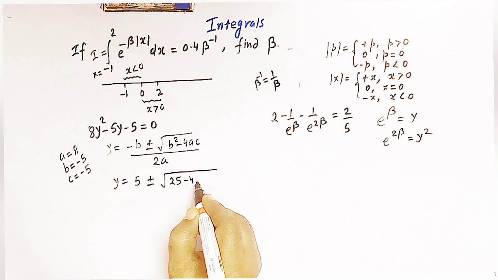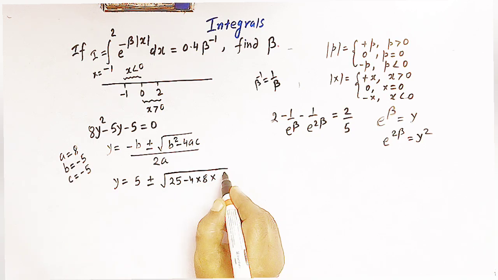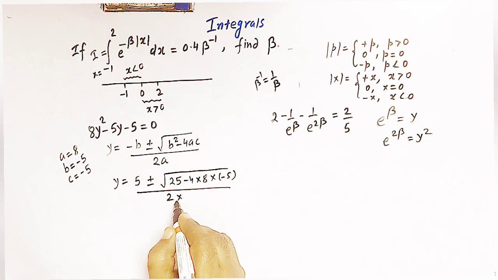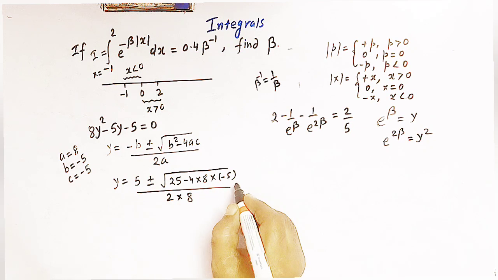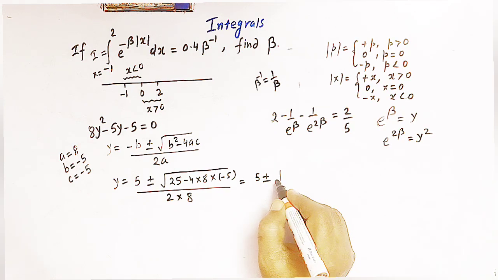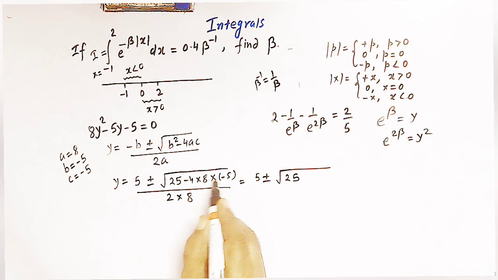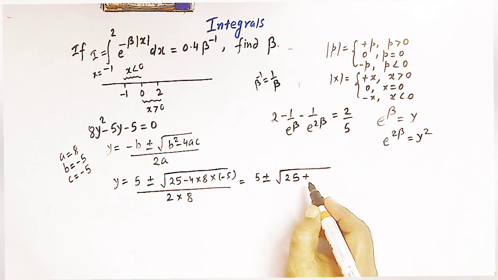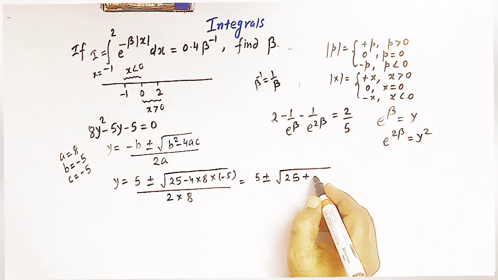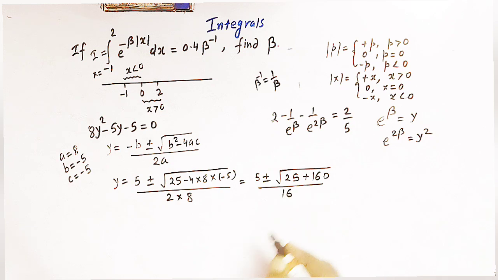Then we have minus 4 times a is 8 times c is minus 5, and in the denominator we have 2 times 8. So now we have 5 plus minus square root of 25. Then we have here minus and minus becomes positive, and 4 times 5 is 20, 20 times 8 is 160, divided by 16.